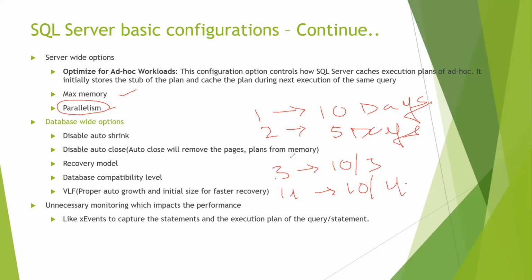So if you have a high number of workers engaged, then the amount of time it takes to complete would be reduced. So parallelism is not a bad thing. Ideally, if it is working fine, then it is a good feature, because we are letting SQL Server perform the operation in parallel so that the query would run faster.